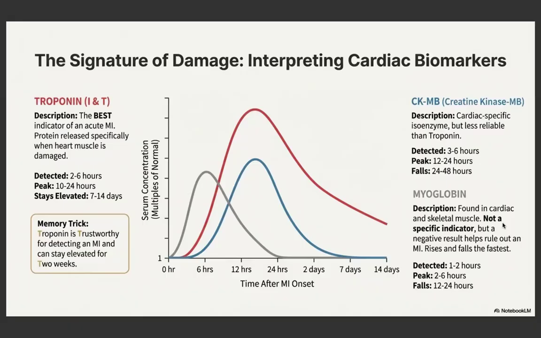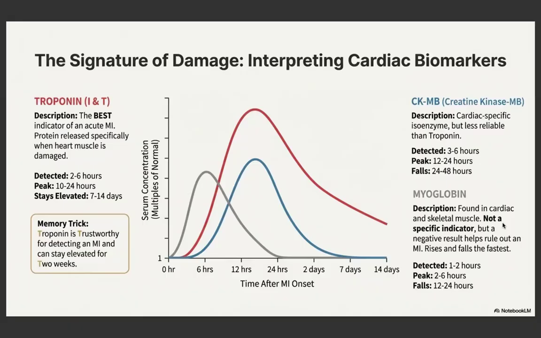It can peak for up to 24 hours, and you can have that elevated troponin for up to 14 days. So if you're on CVICU, let's say your patient had a heart attack 3 days ago, it's possible that the troponin level can stay elevated or continue to get higher for the next few days.